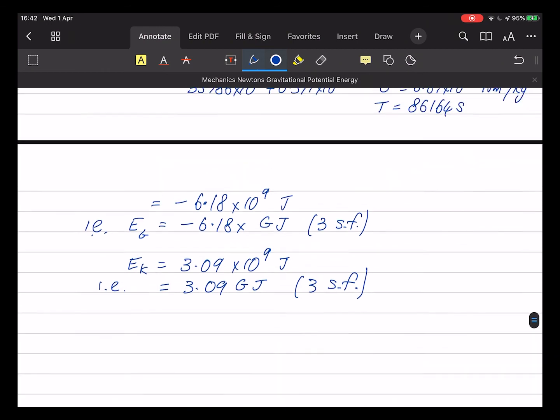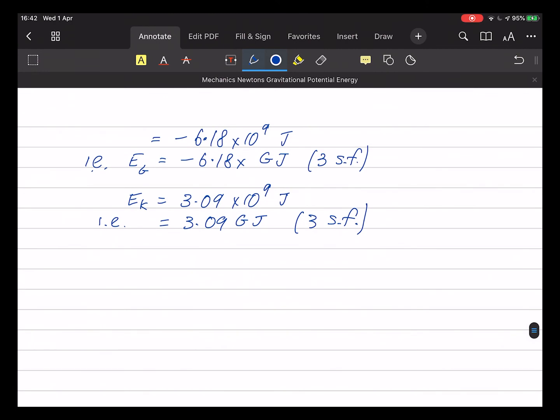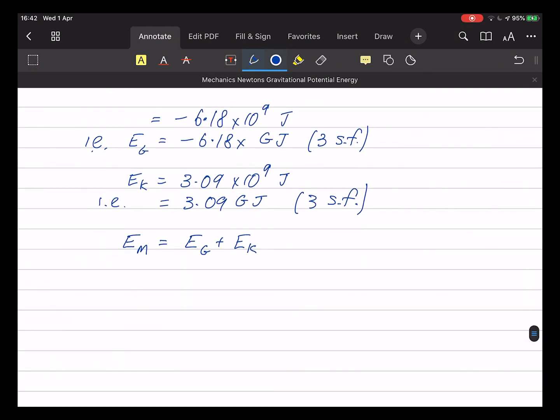So if we wanted to examine the mechanical energy, which is the sum of these two, well, it's just going to be the negative. Can I write this in a clever way?